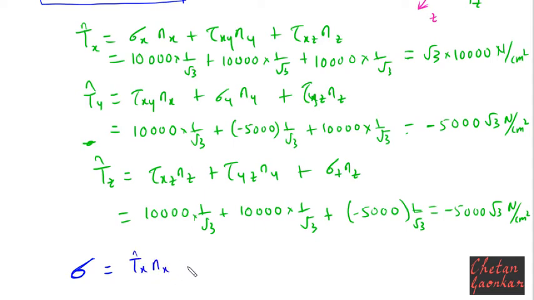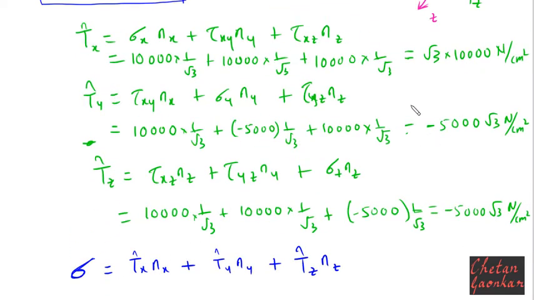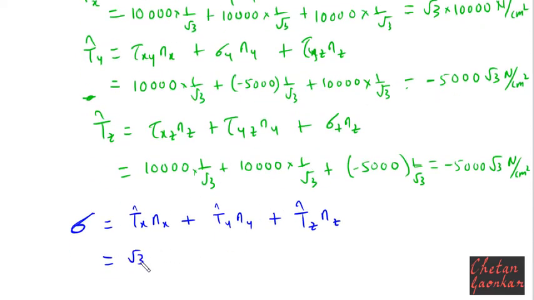So it is Tx nx, plus it will be again the projection of this y vector, so it will be Ty ny, plus this will be Tz nz. And then if I substitute the values, this is root 3 times 10,000 multiplied by 1 by root 3, plus Ty is how much?